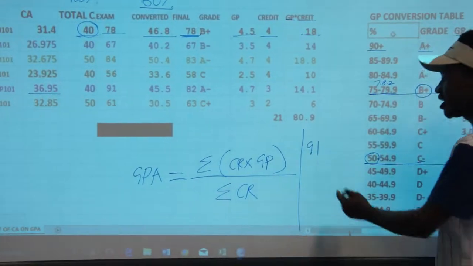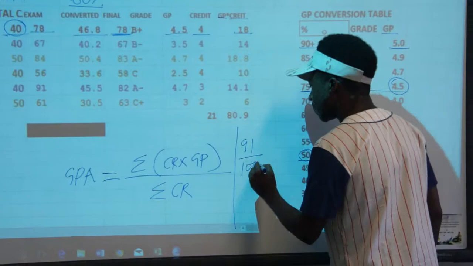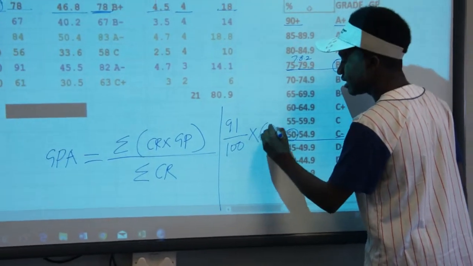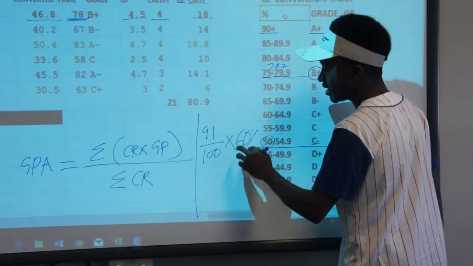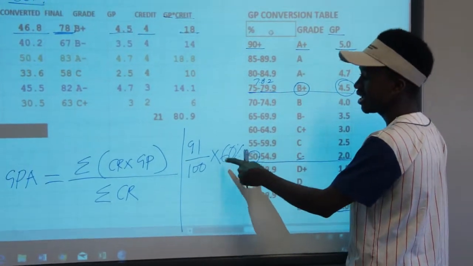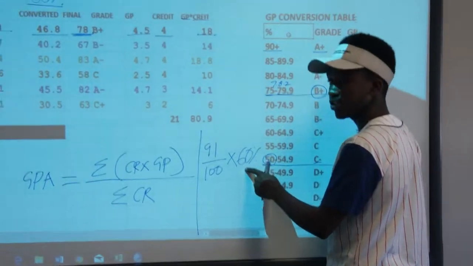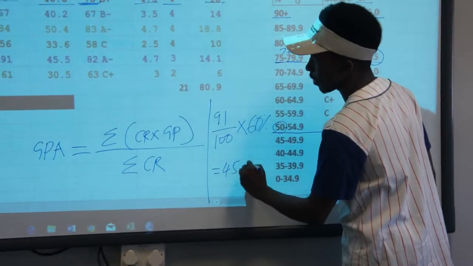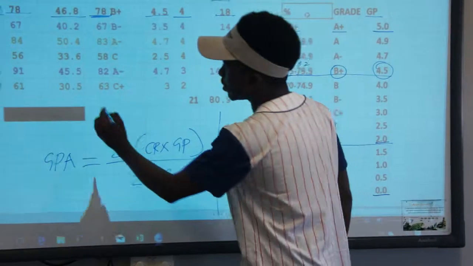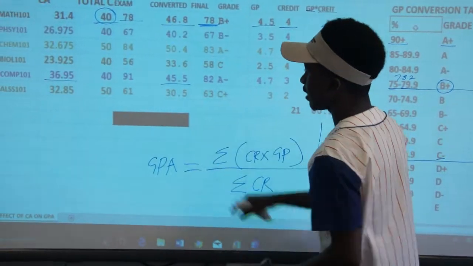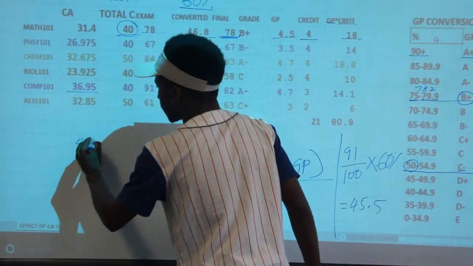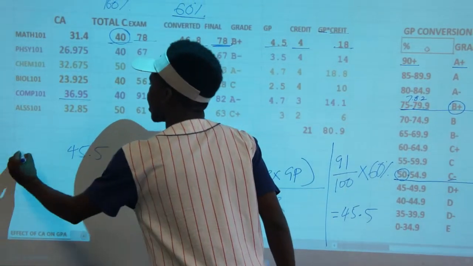That means you are going to say 91% out of 100 times 60%, because this is the percentage that the exam contributes to the final mark. And this is going to be 54.6, as you could see here. And then if you take this, it's for the exam.